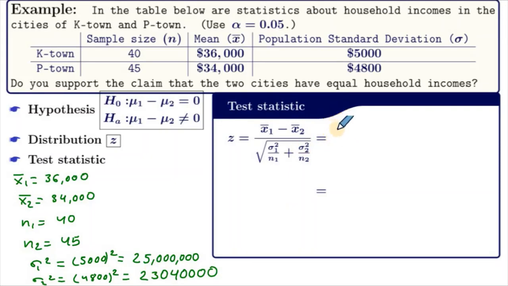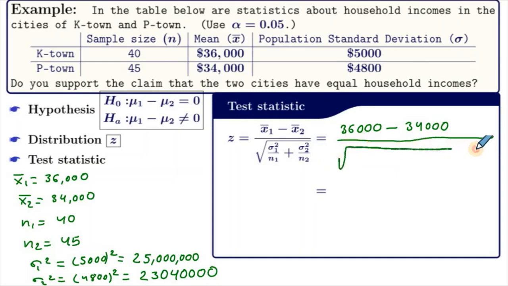Now let's put everything together in this formula here. So we get this minus this over the square root. Our sigma 1 square is this here, so let's copy that. Over our n1 is 40 plus our sigma 2 square is this, so let's write that.